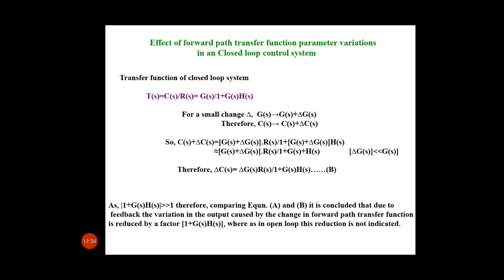After simplifying this equation, we get delta C(s) equal to delta G(s) divided by (1 plus G(s)H(s)), multiplied by R(s).